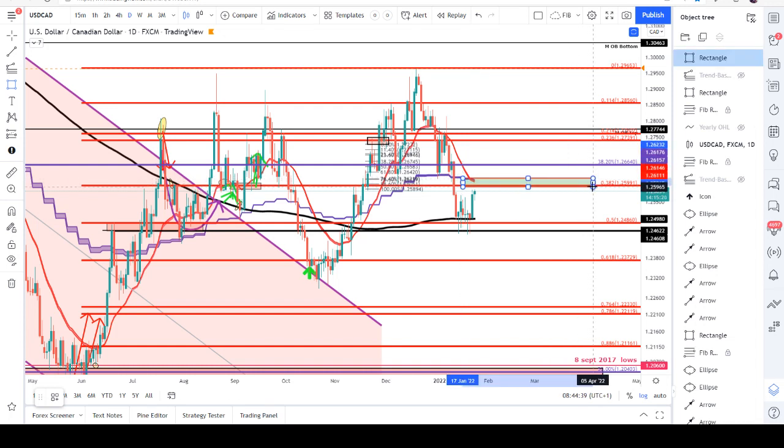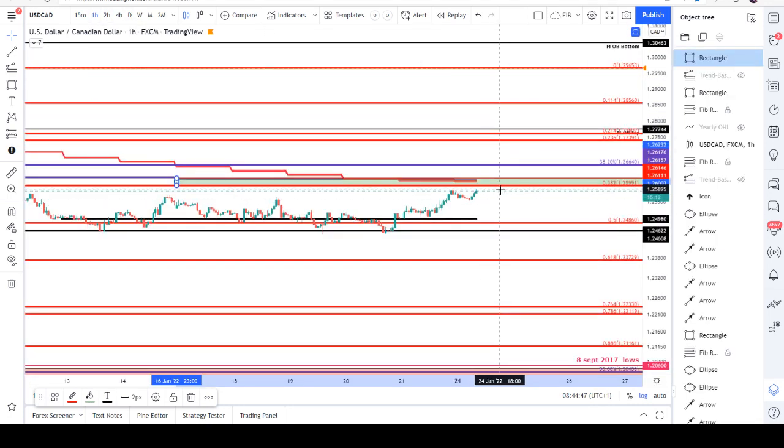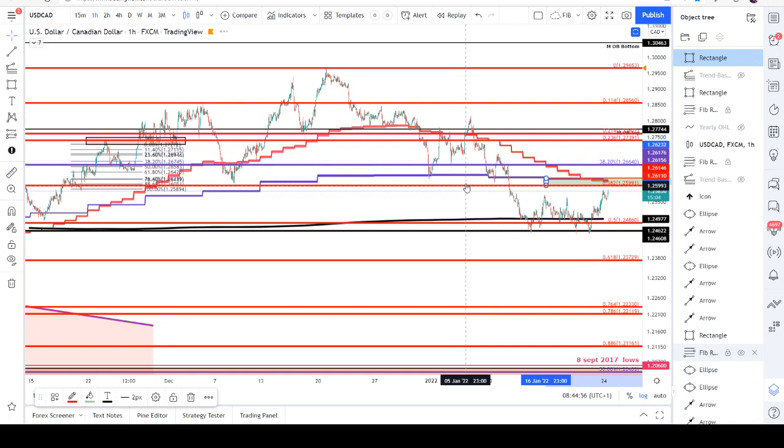So this is where we are now. We had just a double top on the 15-minute on the 1-hour chart, and that's why I took a little short this morning here, because we are not far away from this level. We have this big important fib 38.2 here. We have these two EMAs, the 2021 weekly and daily EMAs.